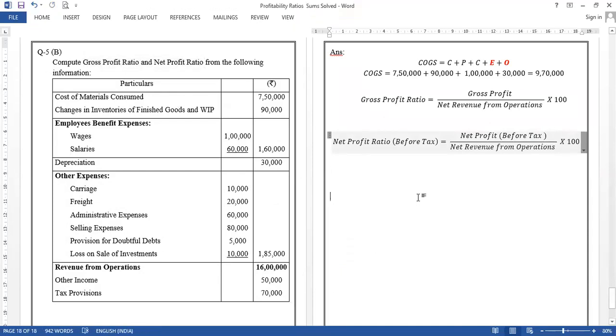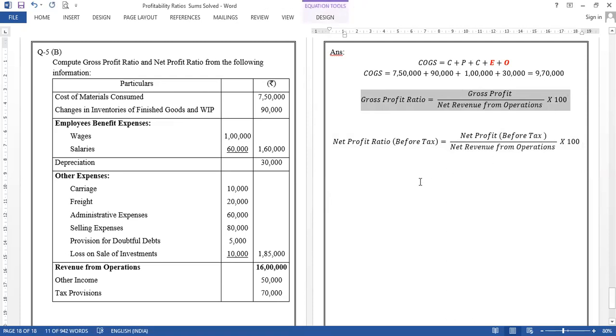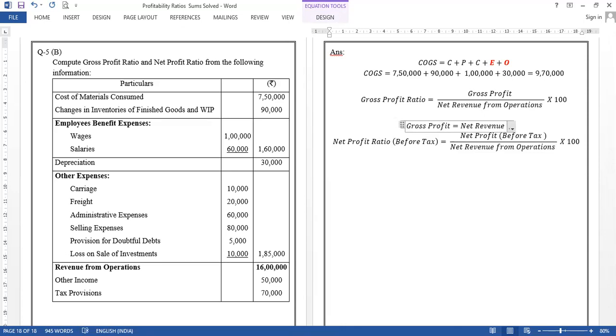For calculating gross profit ratio, the formula is gross profit ratio is equal to gross profit upon net revenue from operations into 100. For calculating gross profit, let me write the formula over here. Gross profit is equal to net revenue from operations minus COGS.